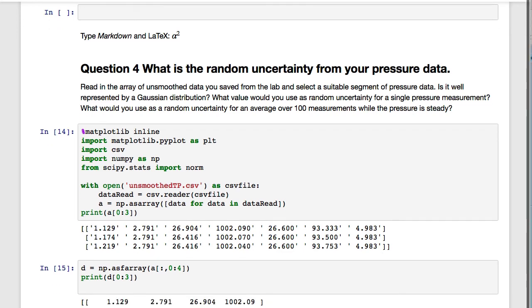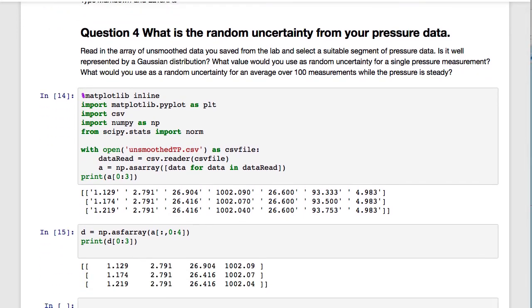And so you're going to read in that array of data that you saved from the lab and take a chunk of that data and see what you can figure out about its distribution. And if you know about the distribution, you should be able to figure out what you'd use as a random uncertainty if you just made a single one of those measurements.